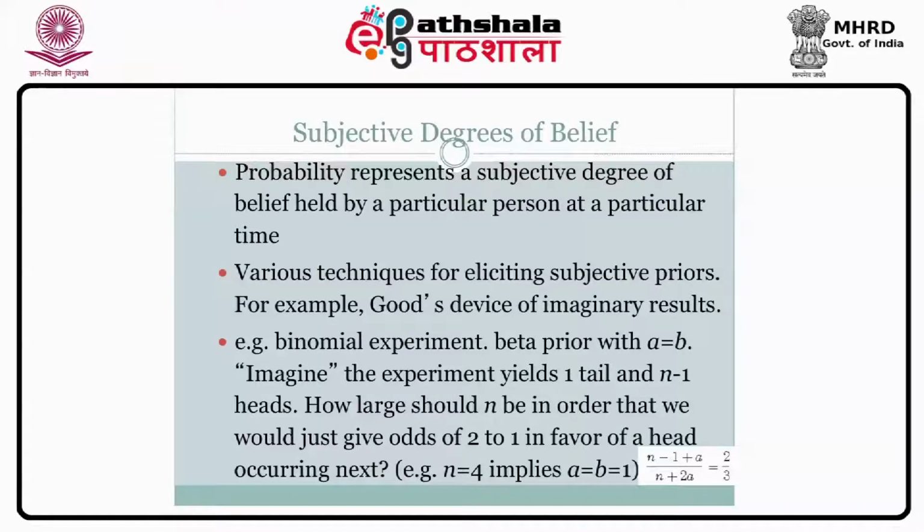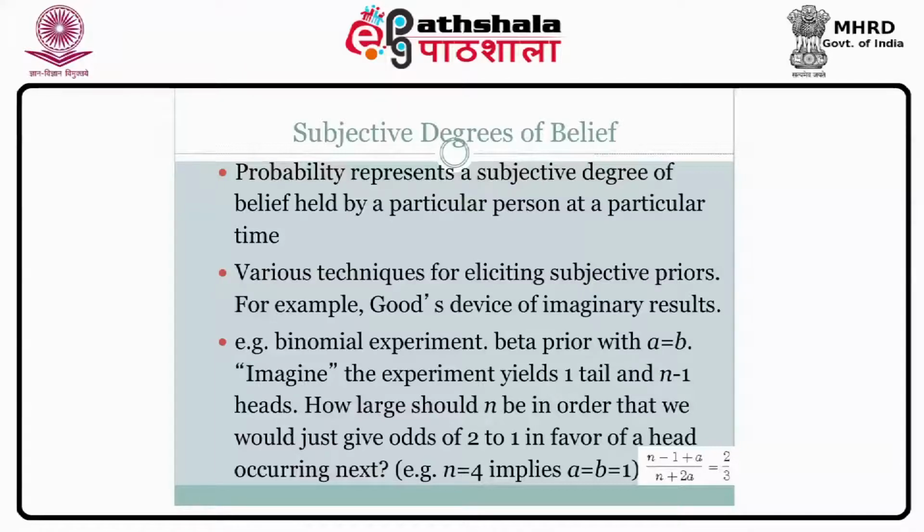There are many ways of eliciting subjective priors, like in some binomial experiment, a beta prior is taken for the parameter of interest, where alpha and beta, say A and B, are taken to be the same. What does it mean?